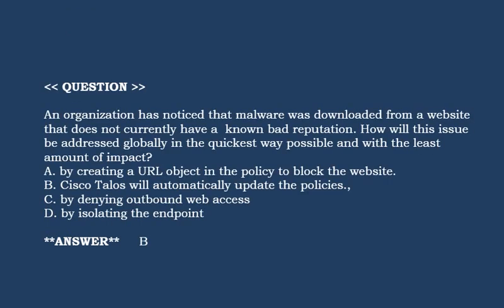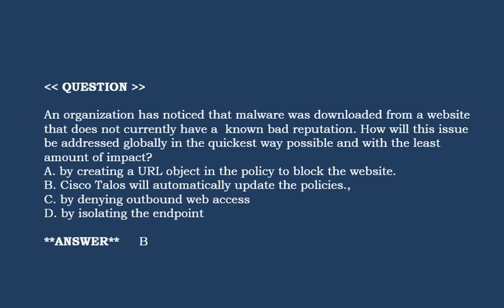Next question is: an organization has noticed that malware was downloaded from a website that does not currently have a known bad reputation. How will this issue be addressed globally in the quickest way possible and with the least amount of impact?